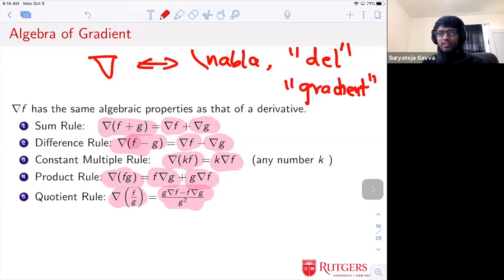You can call it with any of these names. Depending on my context, I'll use either del f or gradient f or nabla f. All of them are basically talking about the same symbol. It's a reversed delta. It's not delta, it's a reversed delta.